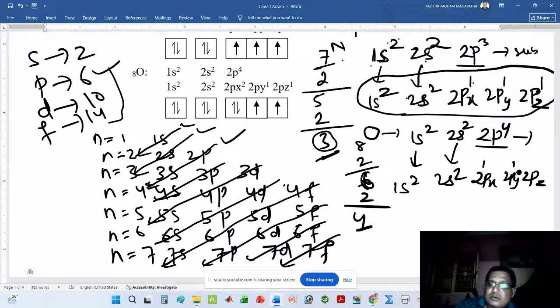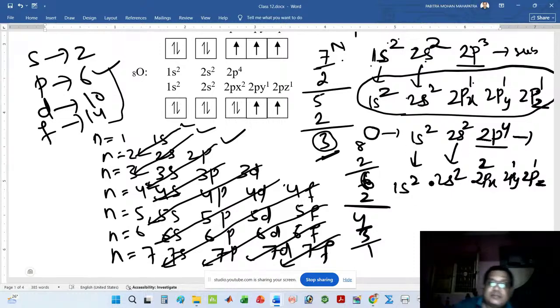Sixth electron goes to the 2py. Seventh electron goes to the 2pz. After giving 3 electrons, the remaining electron is 1. Now your choice, you can give to anyone. You can give to px, py, or pz, as your choice, because all three have the same energy. So here I want to go to the first, that is 2px2.